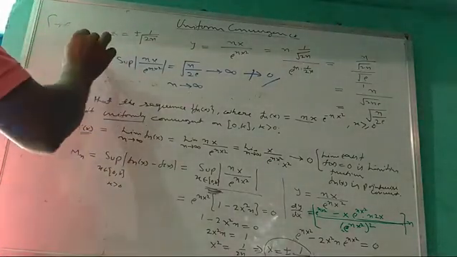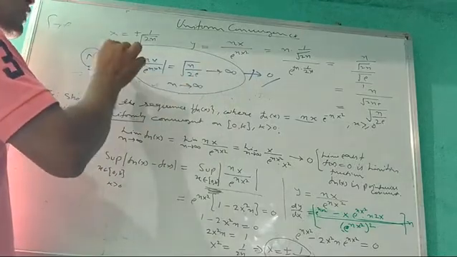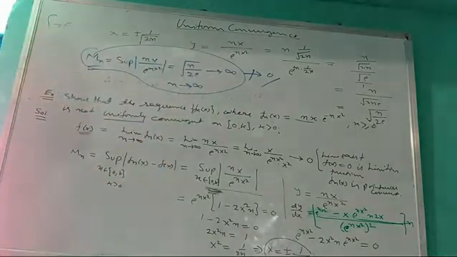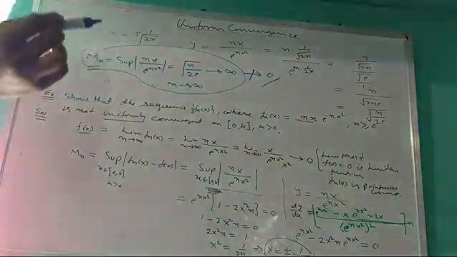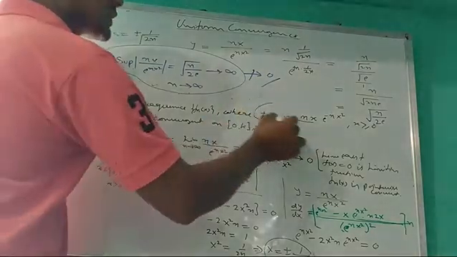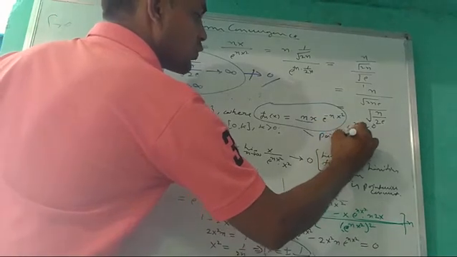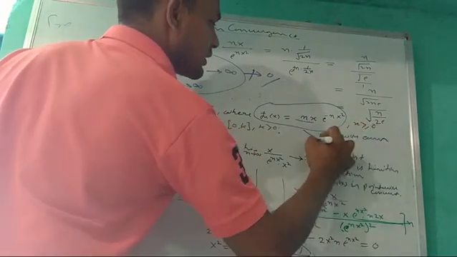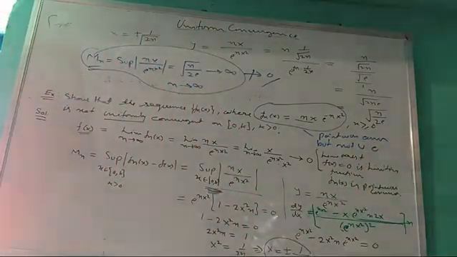Okay, in this case Mn tends to infinity when n tends to infinity, which means the function is not uniformly convergent. So the answer to this question is that this function is pointwise convergent but not uniformly convergent. Okay, thank you.